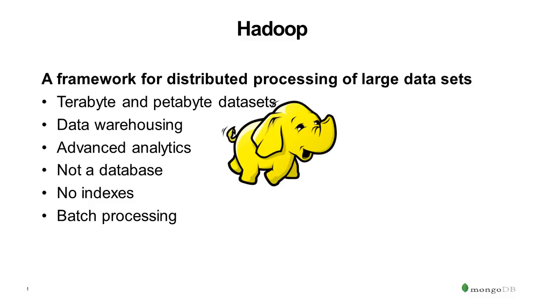There's no indexing in Hadoop, so it's not built to be queryable the way that we understand a database to be. This is more about batch processing, going across the entire data set and deriving some kind of insight from the data without necessarily changing or performing CRUD operations against it. So a lot of static data.